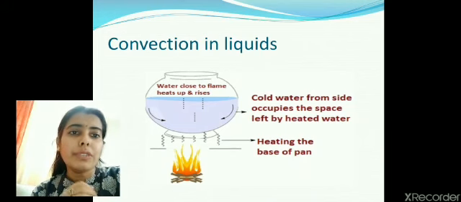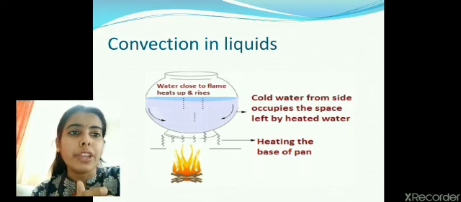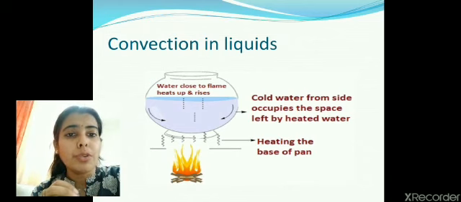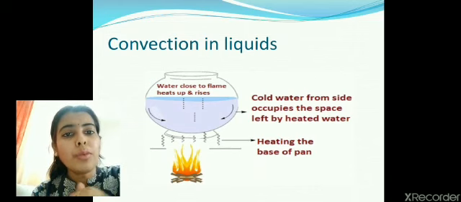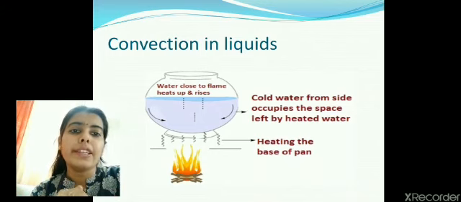Heated molecules will become lighter and they will start moving upwards. As shown in the figure, when the heated molecules get more energy from the heat, they get lighter and move up, and the colder molecules from the sides start occupying the space left by the heated molecules.